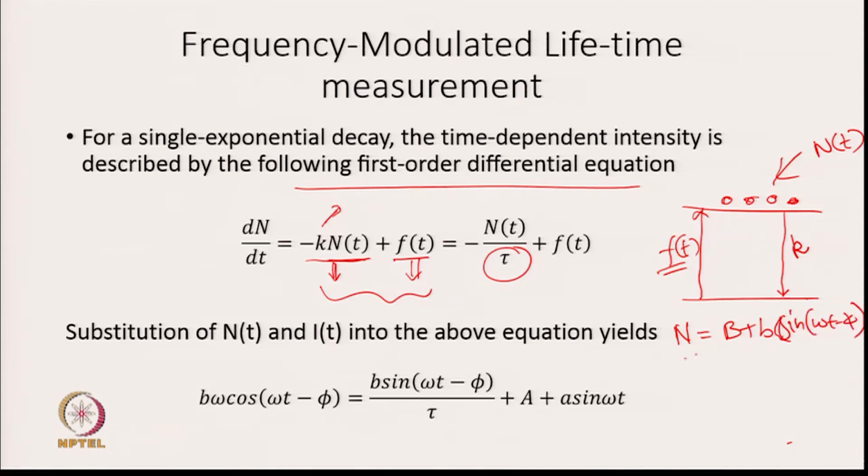So, dN by dt will be equal to B omega cos(omega t minus phi), and now minus K N(t), so minus (B plus B sin(omega t minus phi)) by tau, plus F(t) is equal to A plus A sin omega t.